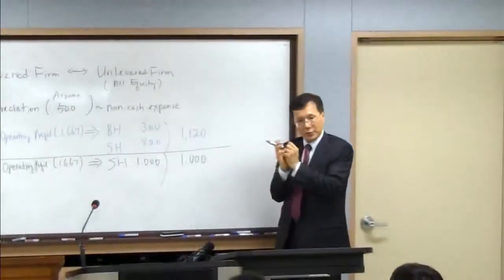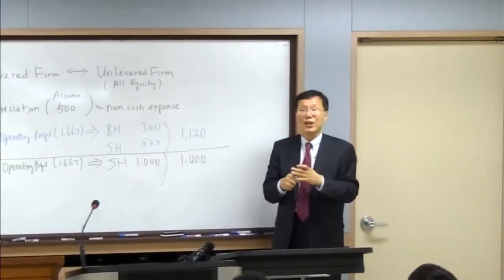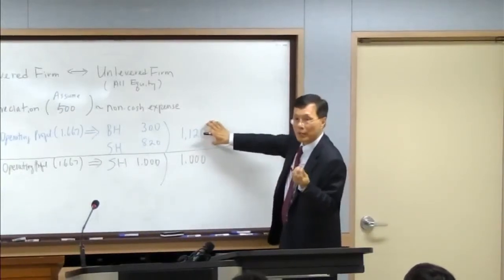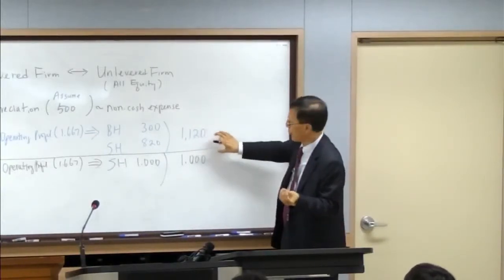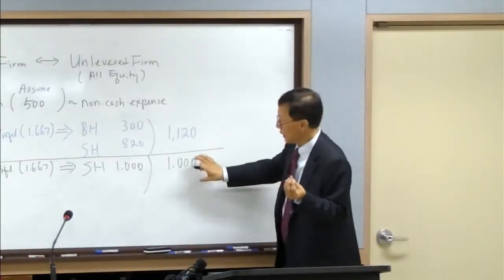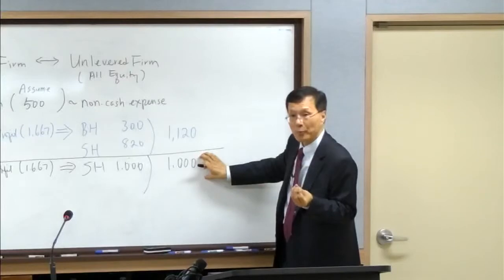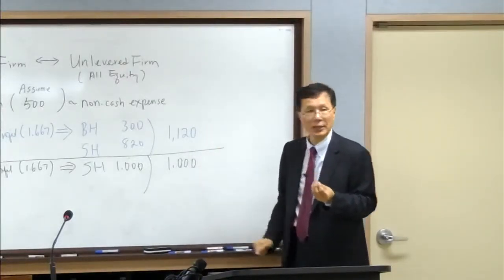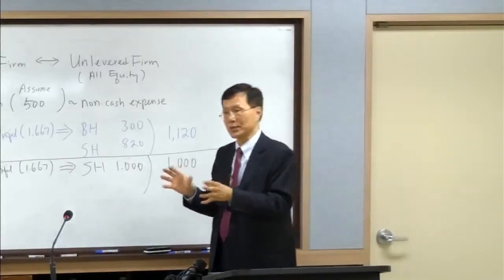The investors, bondholders and shareholders, the claim holders of the levered firm, have a total claim of 1,120, and for the unlevered firm, the total is 1,000, and the difference is 120. Where does this 120 come from?